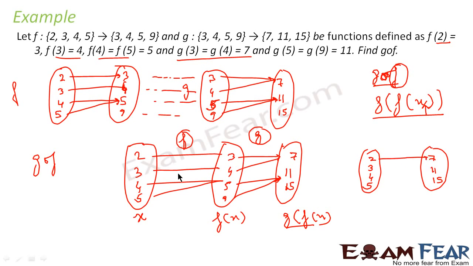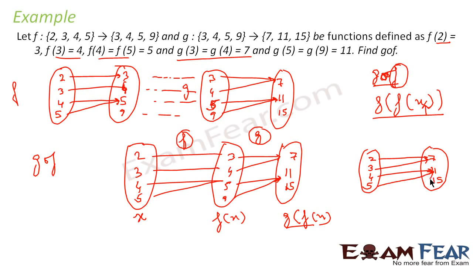So 2 becomes 7. You give 3 as the input, it becomes 4. Again you give 4 as the input to g, it becomes 7. So 3 also becomes 7. Similarly, if you give 4 as input to function f, this becomes 5, and if you give 5 as input to function g, this becomes 11. So 4 becomes 11. Similarly, if you give 5 as input to f, this becomes 5, and 5 again becomes 11.